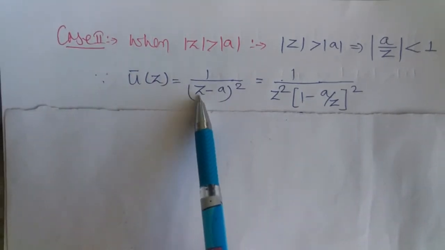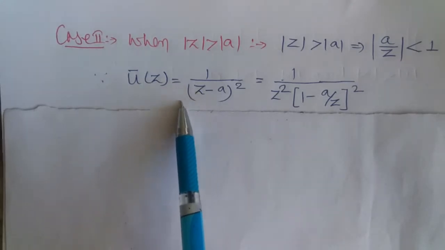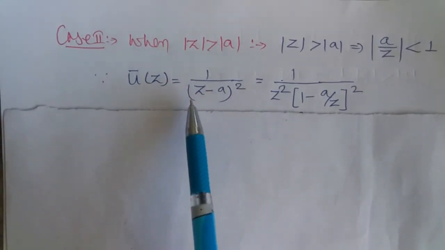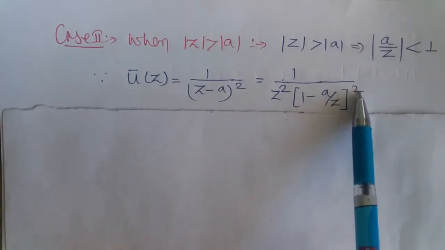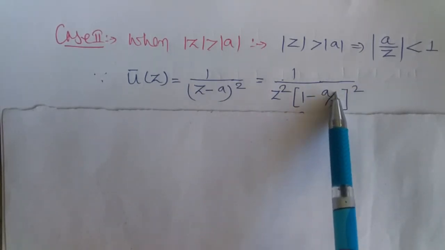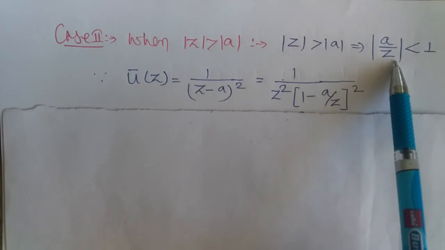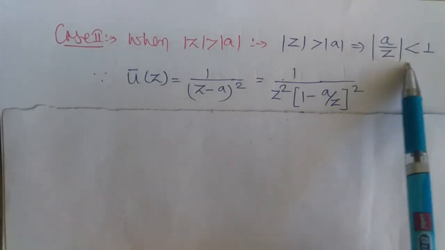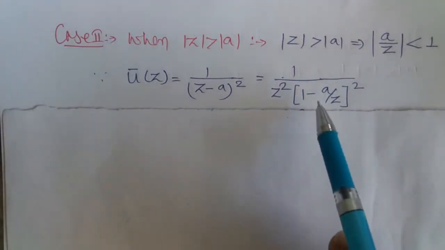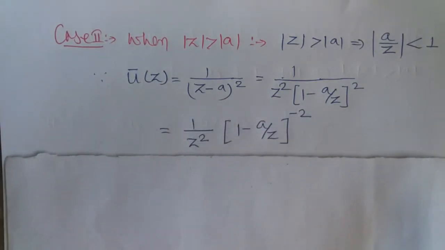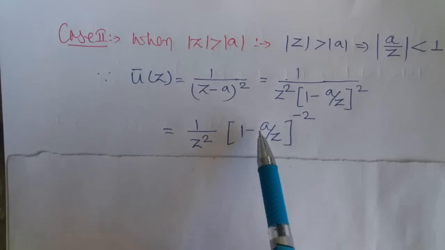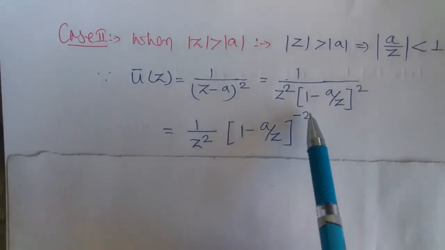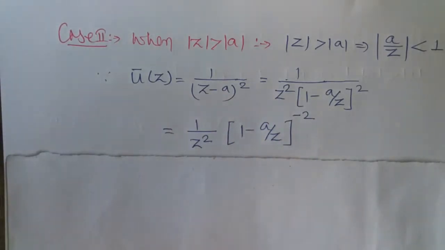Now we take z common from the denominator, then outside the bracket we have z square, and in the bracket we have 1 minus a by z whole square, and a by z is the suitable term because mod a by z is less than 1. Now we write this bracket in the numerator, then we get 1 upon z square multiplied by 1 minus a by z whole power negative 2.